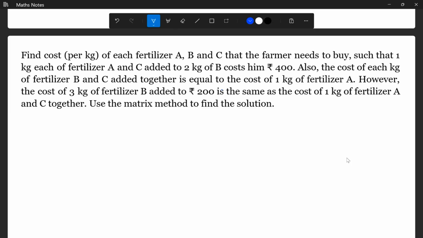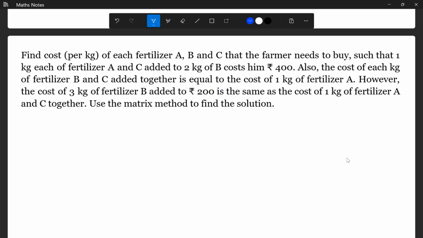Look at the question. Find the cost per kg of each fertilizer A, B, and C such that the farmer needs to buy such that 1 kg of each of fertilizer A and C added to 2 kg of B costs him rupees 400.